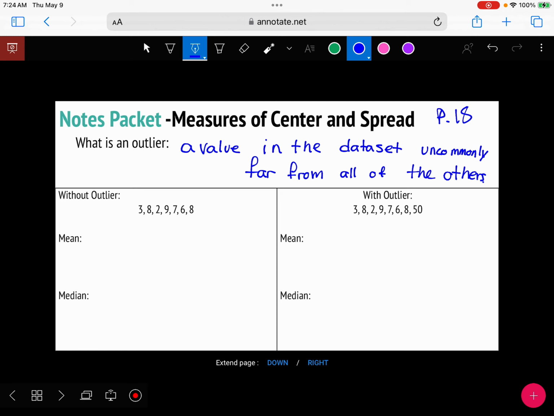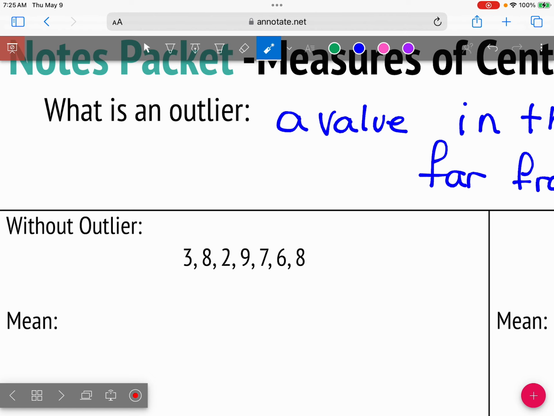What we're going to do is find our mean and median of these two data sets and see what happens, because for the most part, they're the same. This right one just has one additional piece. It has this 50 tacked on the end. So we're going to start with finding our mean, which is when we add up all those values. 3 plus 8 plus 2 plus 9 plus 7 plus 6 plus 8.